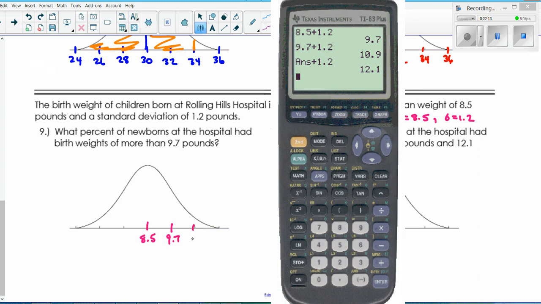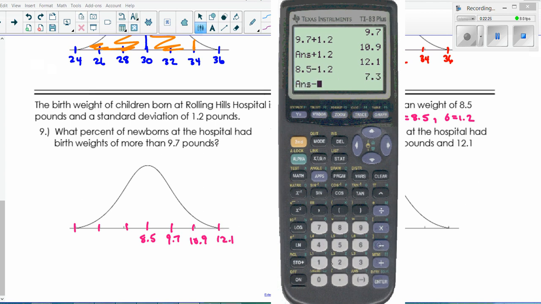This should be 9.7, 10.9, and 12.1. Okay, going the other way. This would be 7.3, 6.1, and 4.9.